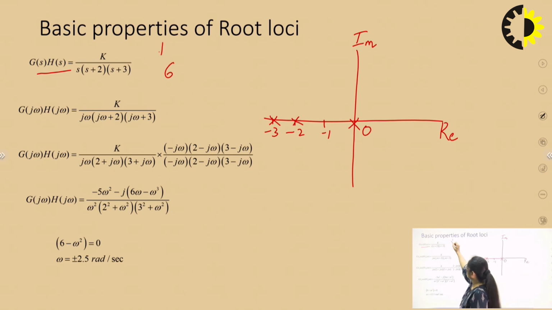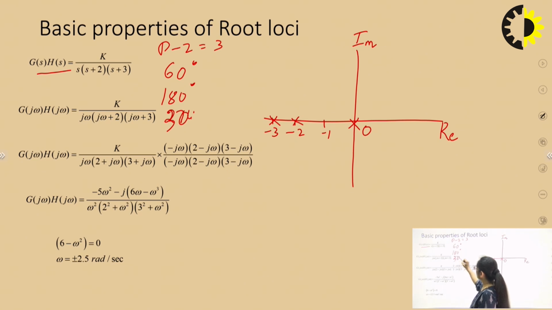Since P minus Z is 3, they are 60 degree, 180 degree and 300 degree. So from the centroid, the angles of asymptotes give the straight path towards infinity.